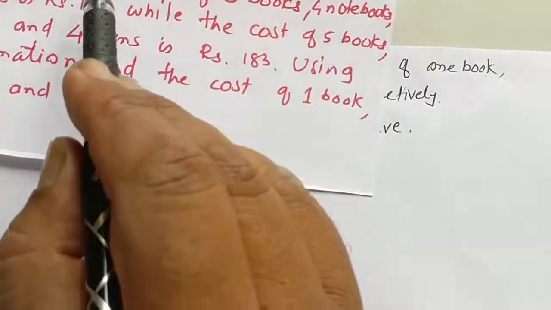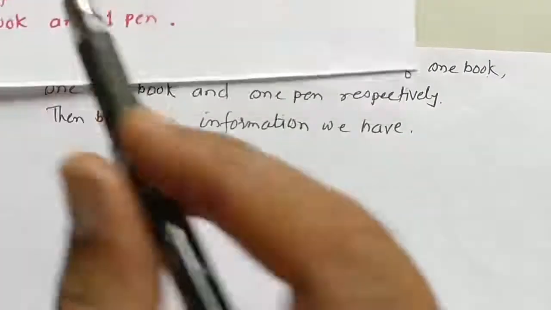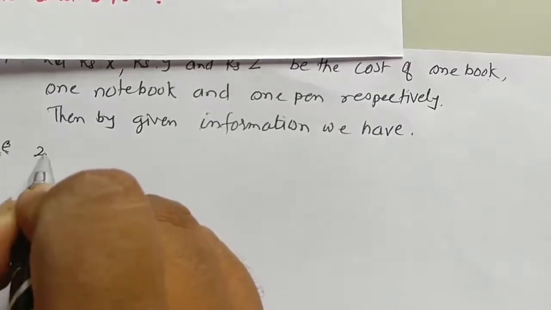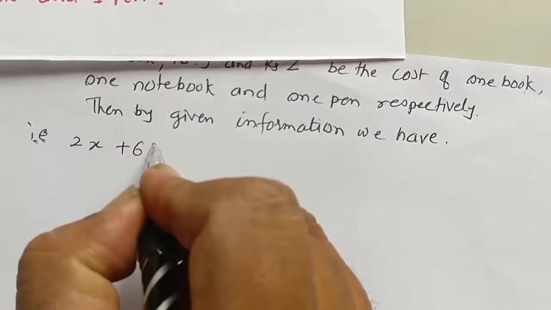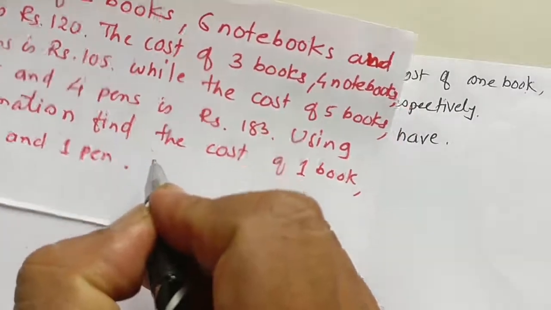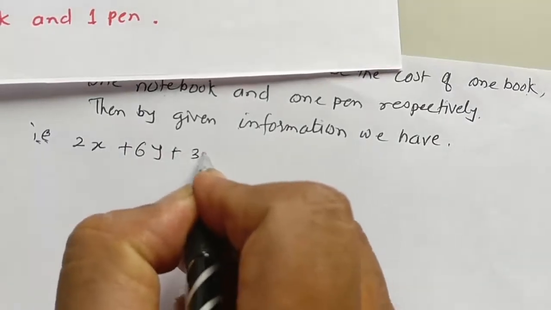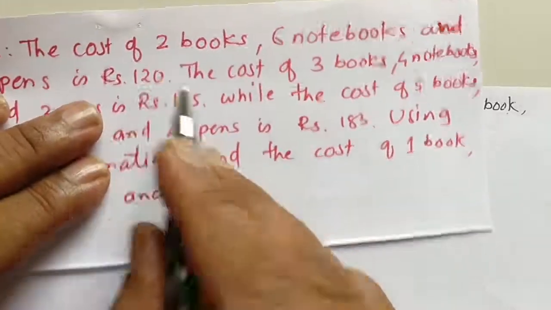For the first case, 2 books, 6 notebooks and 3 pens: 2x plus 6y plus 3z. The cost is 120 rupees.